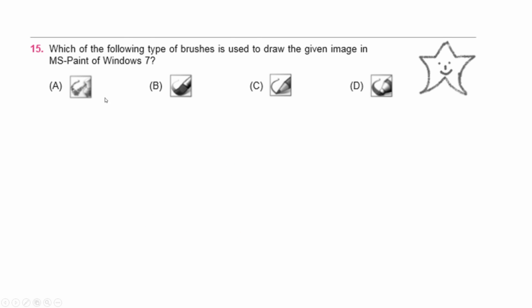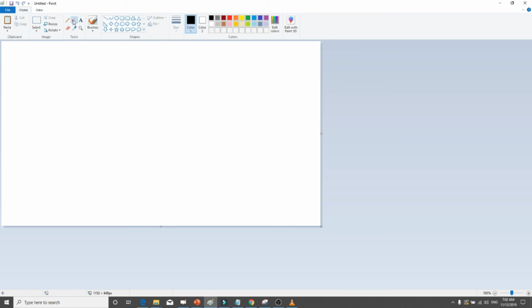Well, let's look at each of them. Option A is spray, option B is a brush, C is a pencil and D is a pen. So let's select all the different brush types. The first is spray. So with spray, can we select this star that they have drawn? Okay, now let's look at the brush.